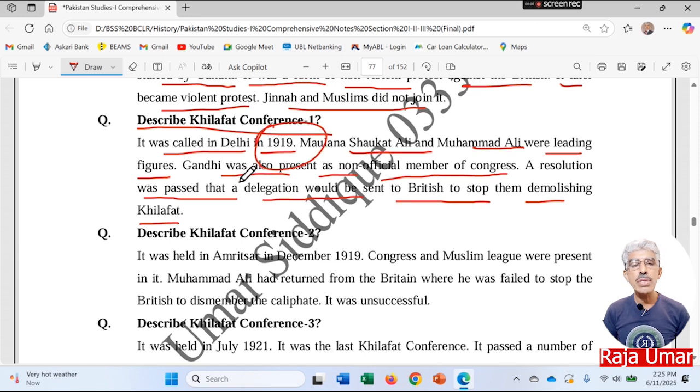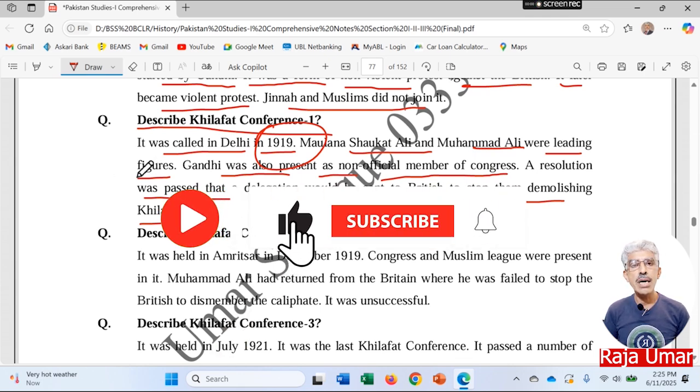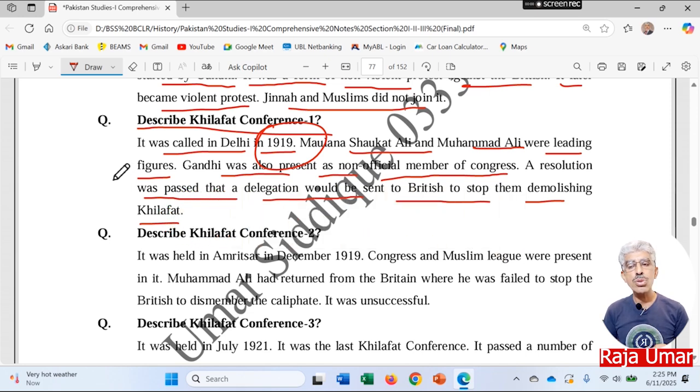As you know, after the victory of the Allied forces in World War I, and after the defeat of Germany and the Ottoman Empire, the Allied forces started disintegrating the defeated countries. They disintegrated Germany, and they also disintegrated Austria, and in the same way they intended to disintegrate the Ottoman Empire.